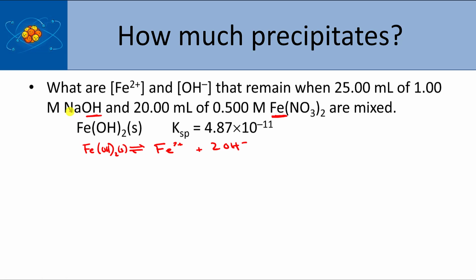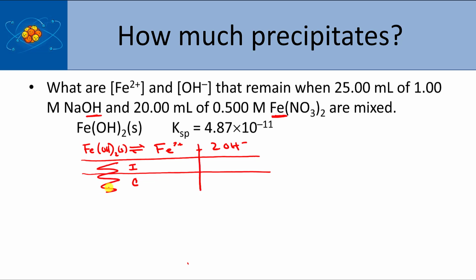So what I'm going to do now is set up my first ICE table. I'm going to have an initial and a change, okay? And that's all I'm going to put there for now. When you do these problems, you could write more because you'll have seen what I'm doing here. Oh, and I wrote it underneath here because this doesn't matter, right? It's a solid. So I have my line over here. And you've seen me do that cheat before, I think.